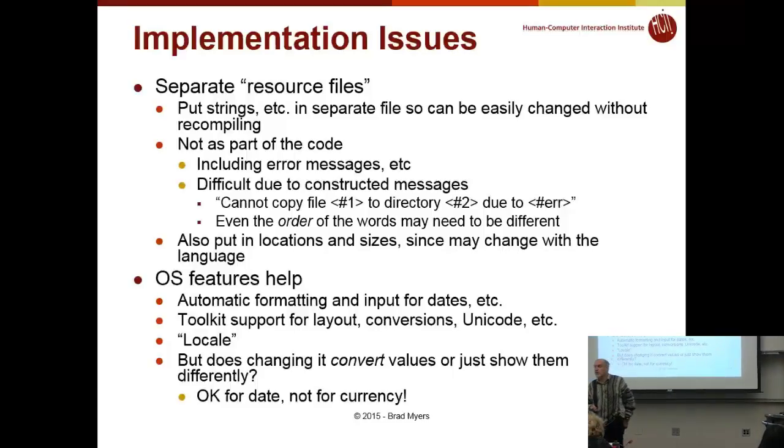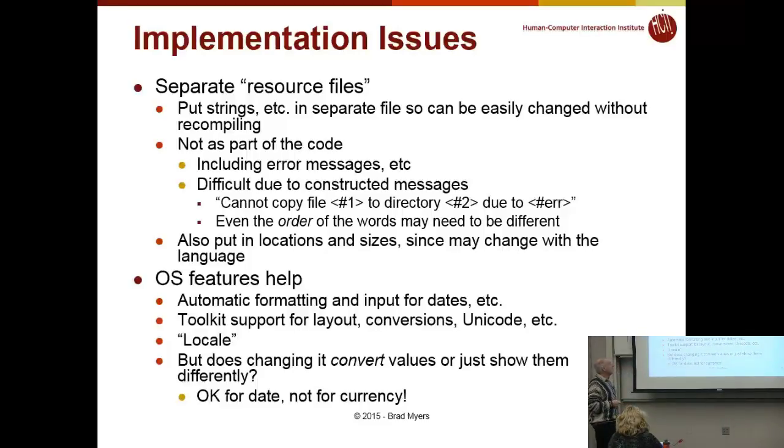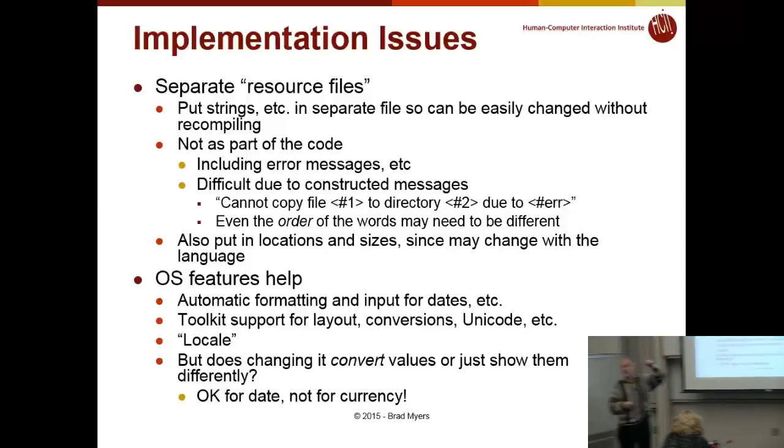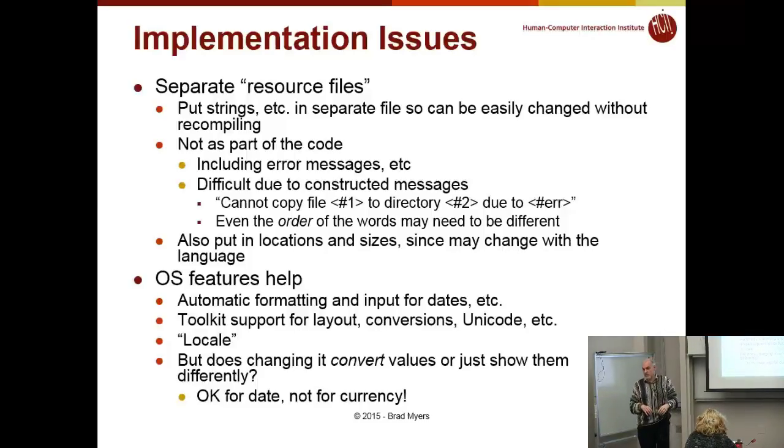Or after people log in, they can have preferences for languages and so forth. Obviously, the most common is to have a front page option and then have basically 2 sets or n sets of pages, 1 for each language.